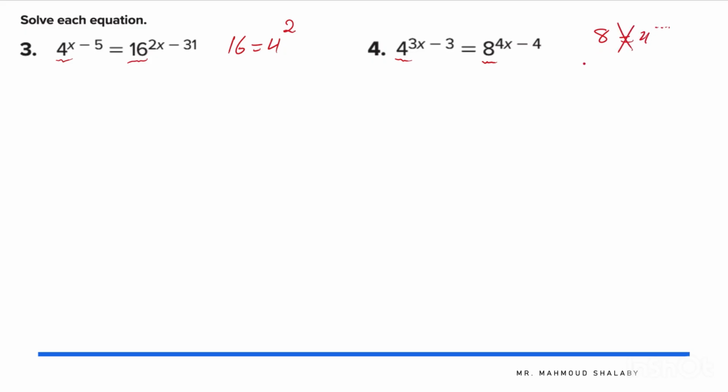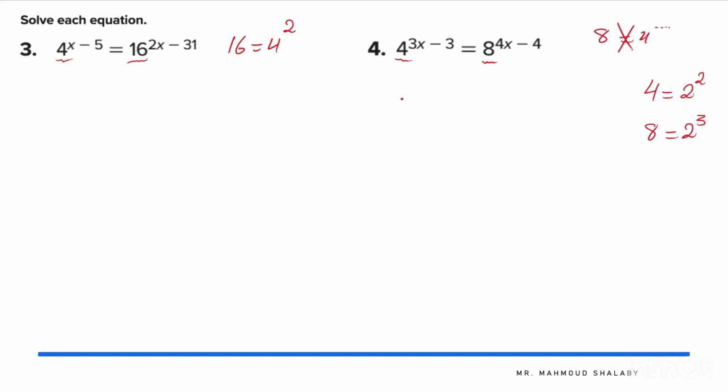The answer is no. In this case, we will have to change both bases to another smaller factor that can be written as a power of something, which is very obvious: 4 and 8. 4 could be written as 2 to the power of 2. 8 could be rewritten as well with the base 2, but to the power of 3. So in this type of question, we will replace both 4 and 8 by 2 to the power of 2 and 2 to the power of 3 in the same place.